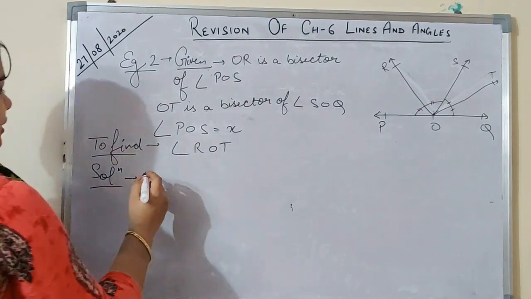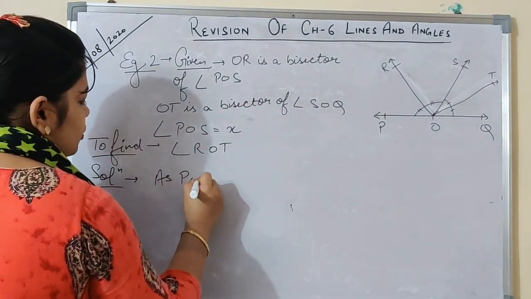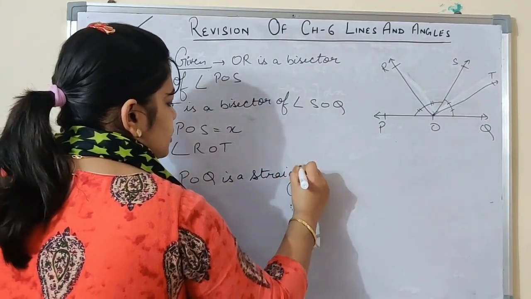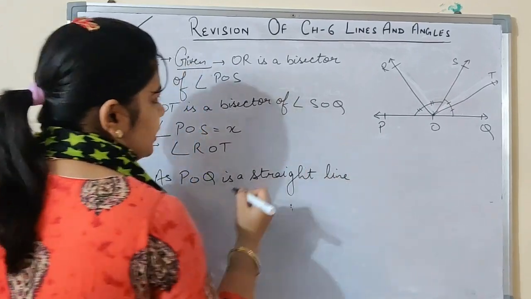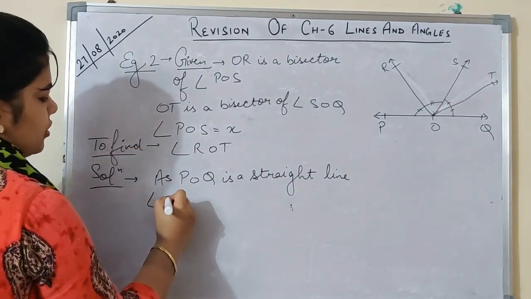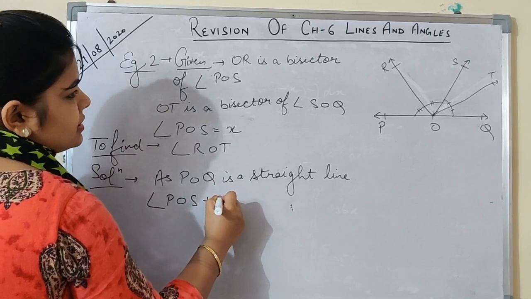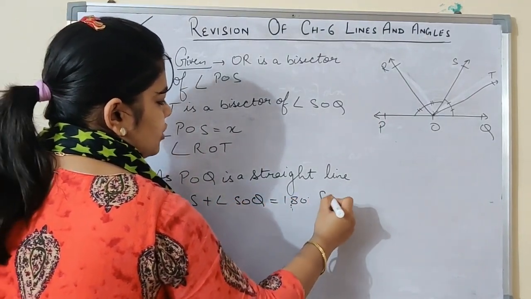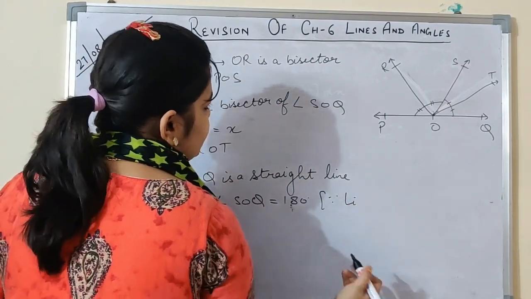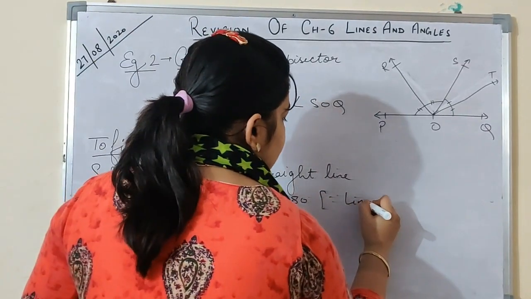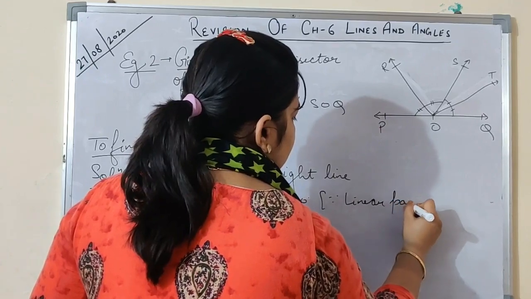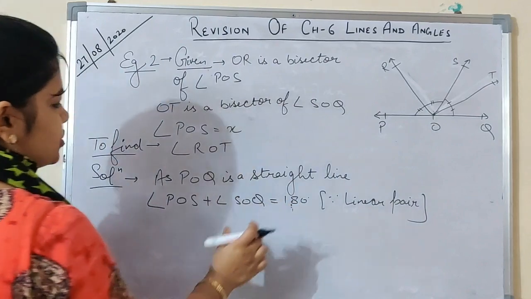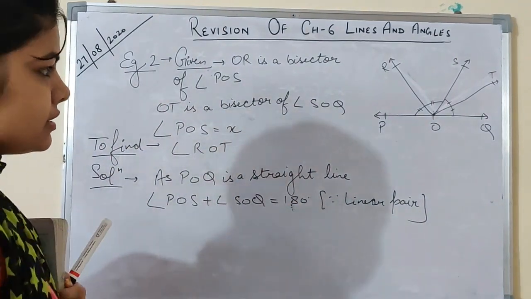So as POQ is a straight line, I can write that angle POS plus angle SOQ is equal to 180 degrees, because of straight line angles or linear pair. Due to linear pair, angle POS and SOQ is equal to 180 degrees.